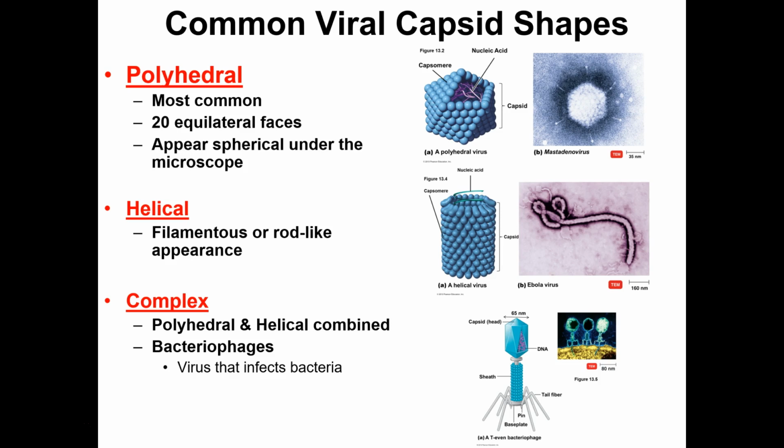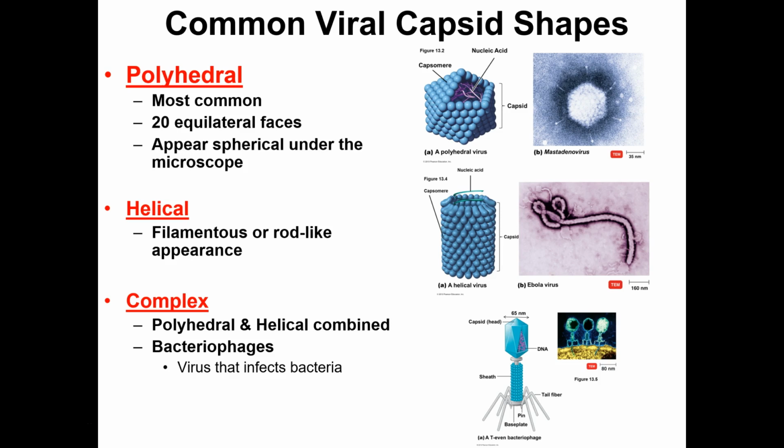At the top, the most common shape, especially amongst viruses of humans, is polyhedral. For whatever reason, your textbook has gone away from the more traditional term, which most other books use. Polyhedral is also called icosahedral.